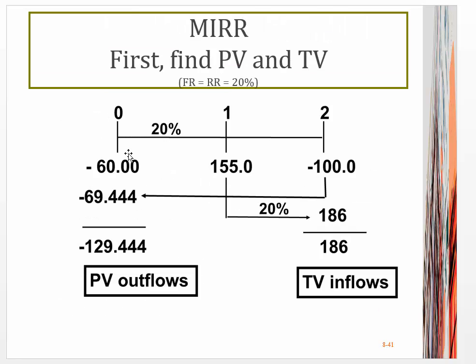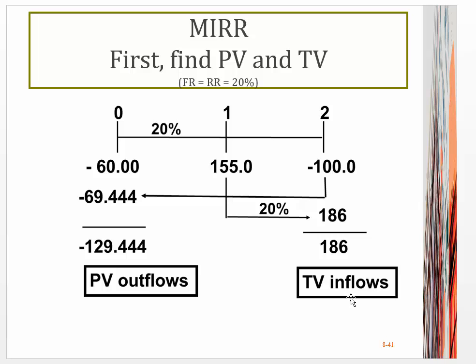So what we ultimately have is a project where you invest $60 and that project is going to create some cash flows. The question is, we want to know what the present value of the cash flows were, and we want to know what the terminal value is. What is the future value of those cash flows?